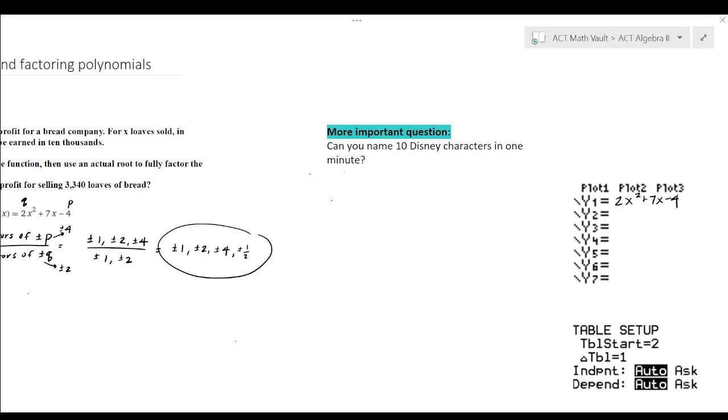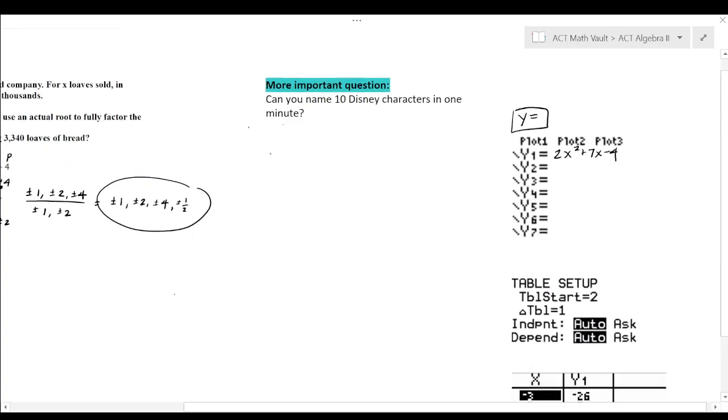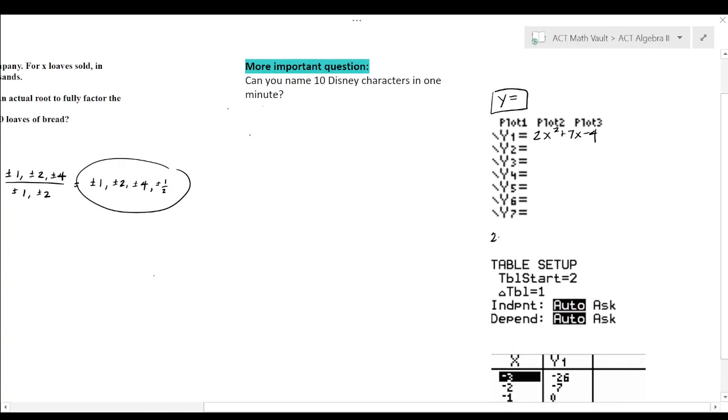And next we need to set one of the settings so that we can properly use this table, okay? So just for the record, in order to get to this y equals, we just push up top the y equals button, okay? We plug our function in, and then to get this table set up, we're going to go second, it's the second button, and then window. And something called table setup comes up.